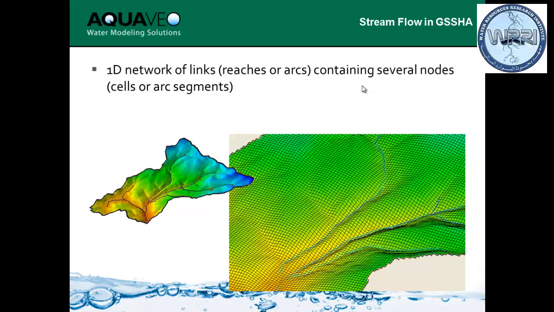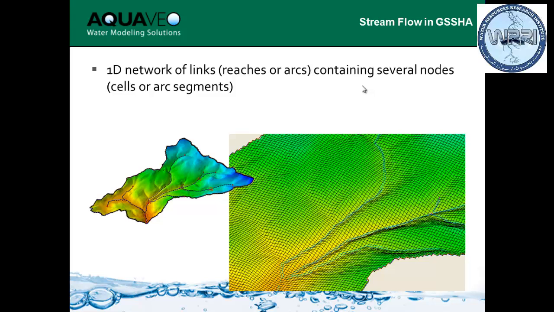The stream flow in GSSHA is just a 1D network of links, which are reaches or arcs containing several nodes, the nodes being cells or arc segments. So the terminology in GSSHA is that there are links and then there are nodes. A link in GSSHA is an arc in WMS, a stream arc in WMS.